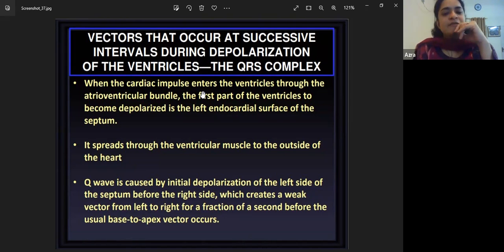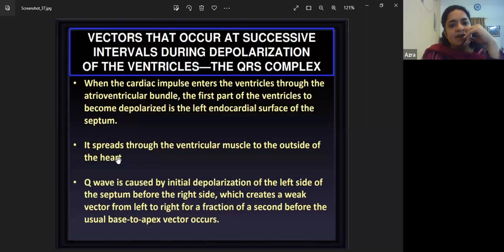It means that when the cardiac impulse enters the ventricles through the atrioventricular bundle, the first part of the ventricle to become depolarized is the left endocardial surface of the septum. Now the next point.